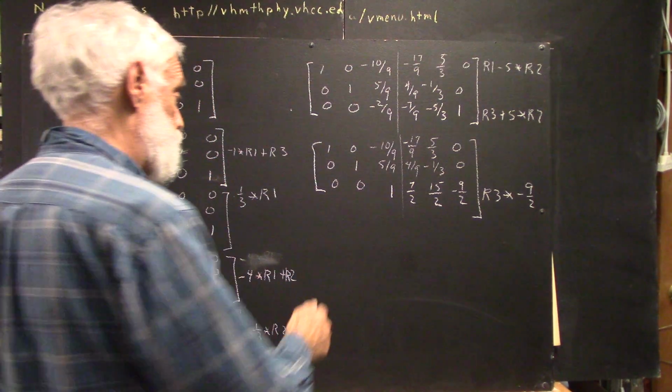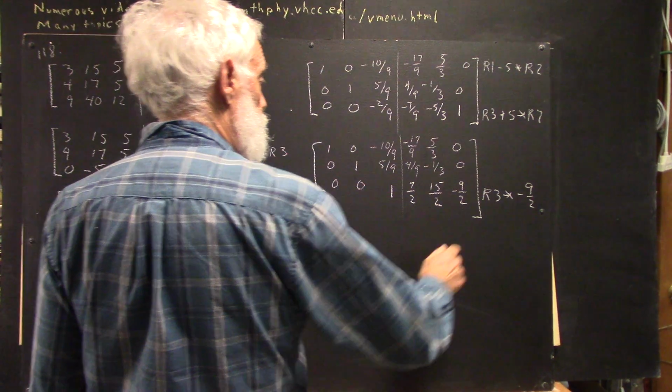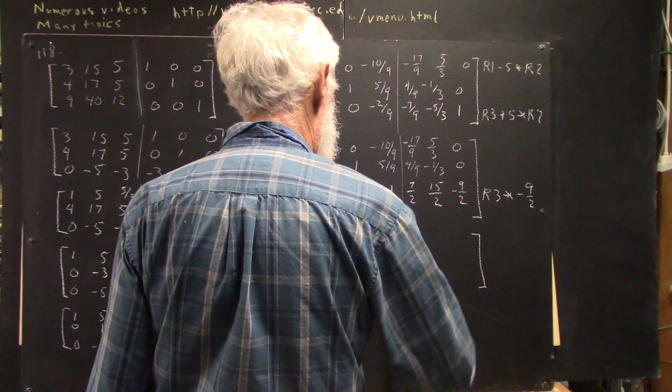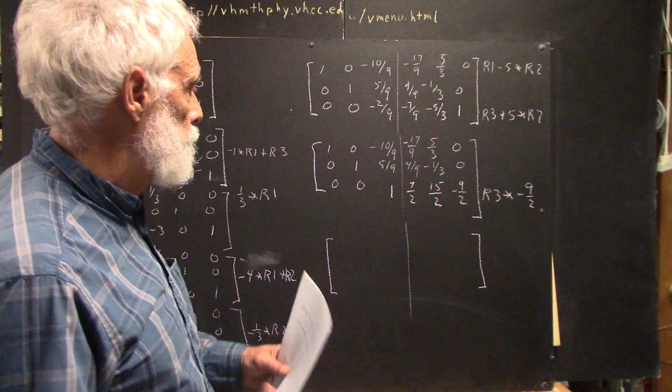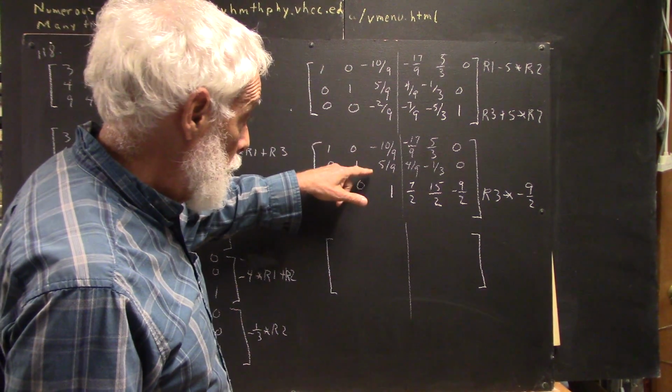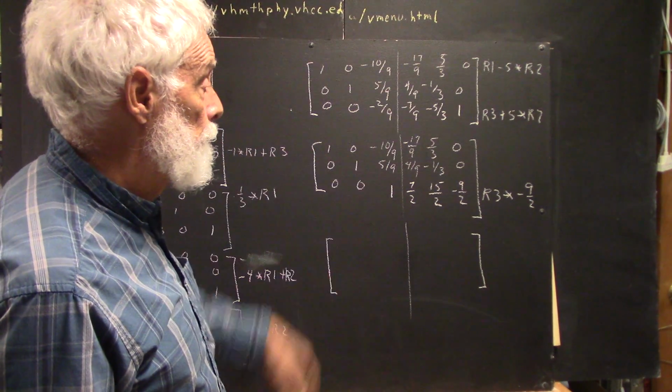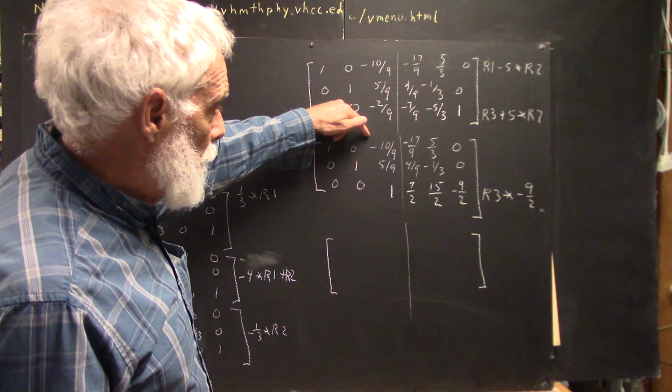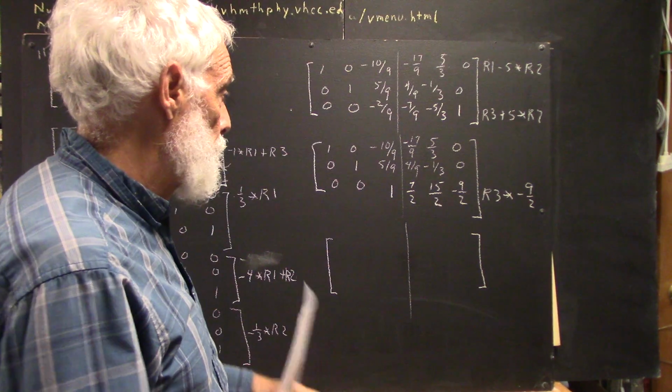Okay, well now, what I've got to do is subtract 5/9 of the third row from the second, and add 10/9 of the third row to the first.